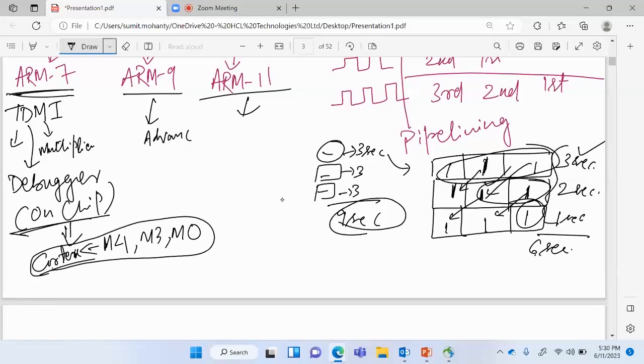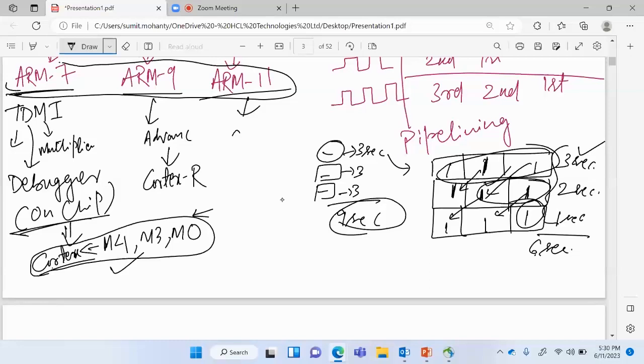These are all called classic ARM series. These are all called Cortex M series. So this Cortex M series is mapped to ARM 7. ARM 9 is mapped to Cortex R series. ARM 11 is mapped to Cortex A series. So this is the advanced one with the DSP and all.